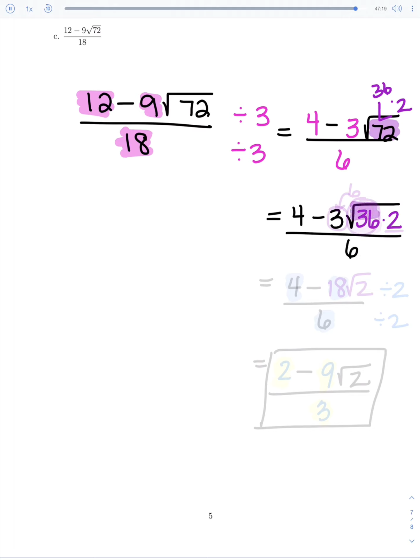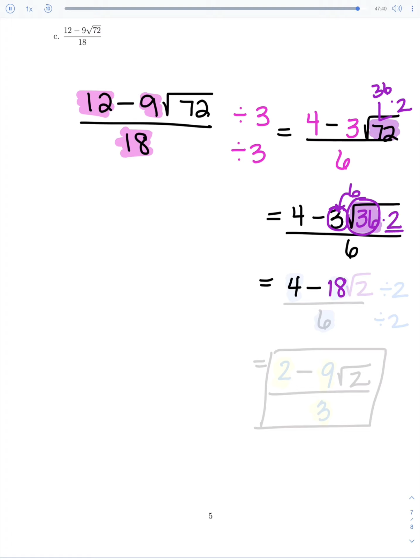So the square root of 36 is going to come out as, well, the square root of 36 is 6, and it will get multiplied by the 3 that's already there to turn into an 18. So that 6 that comes out will get multiplied by the 3 to turn into an 18.